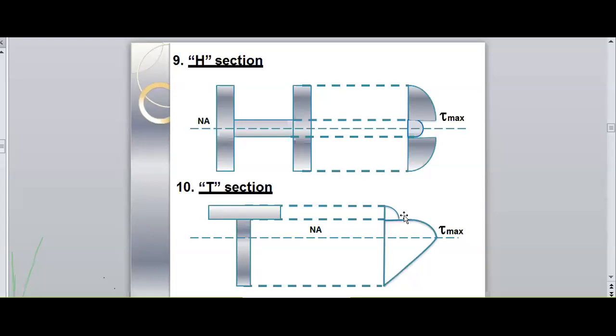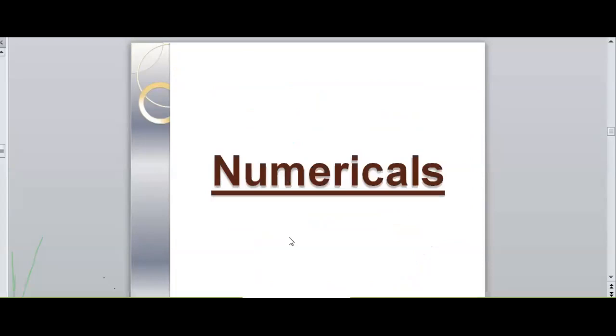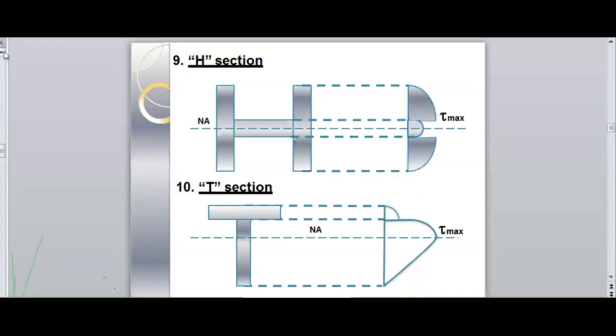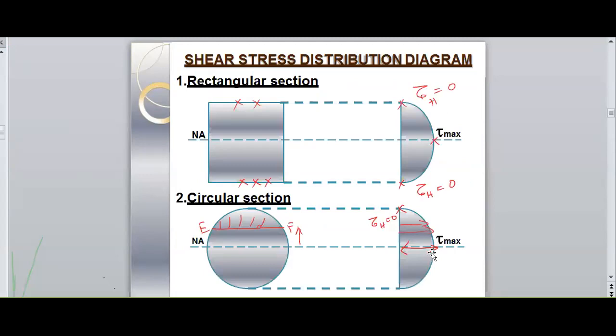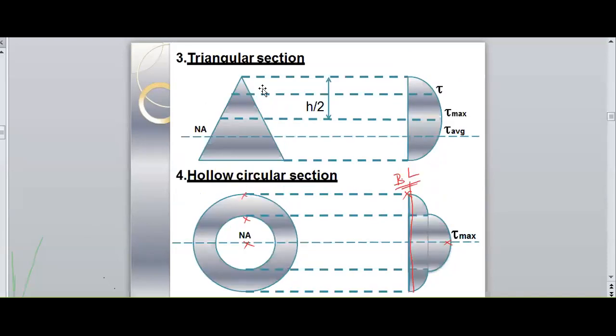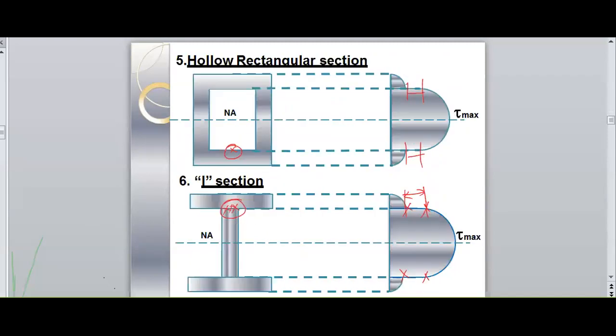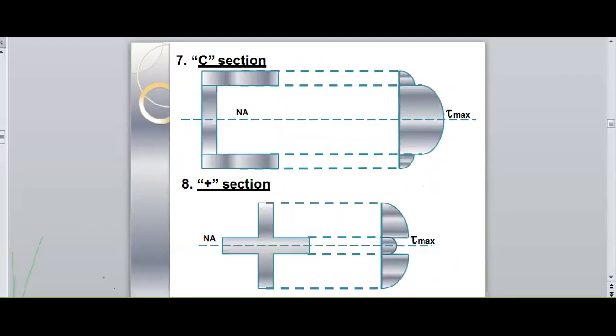The problems will be continued, and in the derivations we will show how we get the curves for the rectangular, circular, triangular, I and T cross sections.